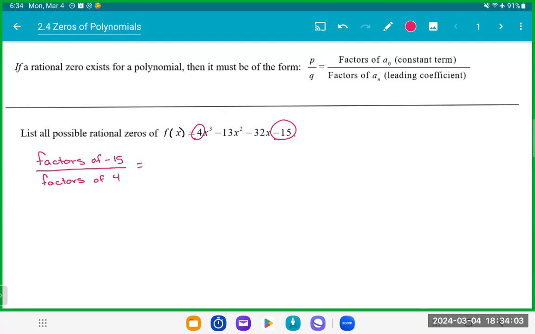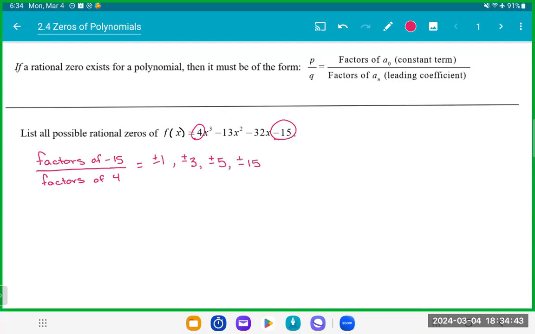Essentially, when I'm looking at my factors, that could be 1 and 15, 3 and 5, right? So 1 times 15, yes. 3 times 5, yes. However, I could also do negative 1 times negative 15, so we're going to do plus or minus of each of these terms: plus or minus 3, plus or minus 5, and plus or minus 15.